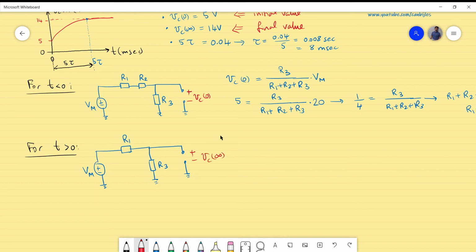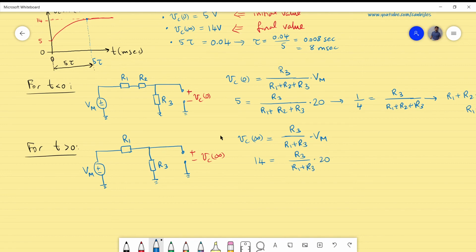Again, we can use the voltage divider rule, the same procedure as we did for the initial value. So what we have is R3 divided by R1 plus R3 times the Vm. That's actually the situation here. Let's fill in the given values. This was 14, and R3 divided by R1 plus R3 times 20.